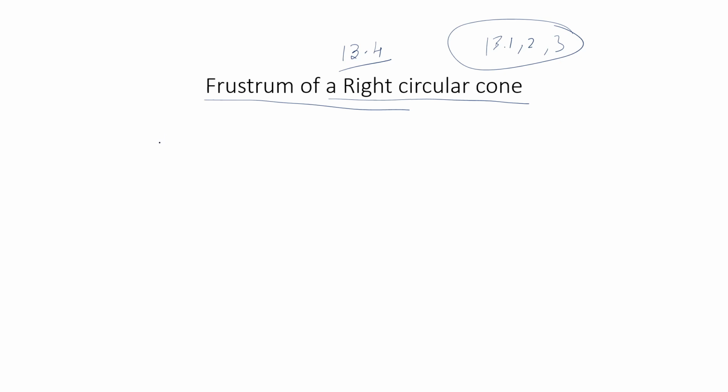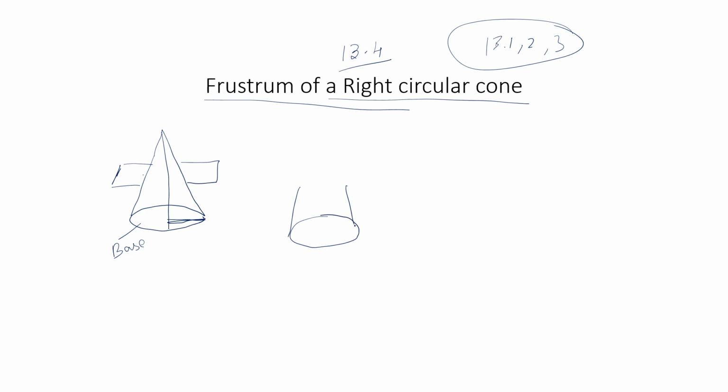So what is a right circular cone? The cone of the shape. This is a cone. So what is a frustum? If I cut this cone parallel to the base, then the remaining part left out is called the frustum.